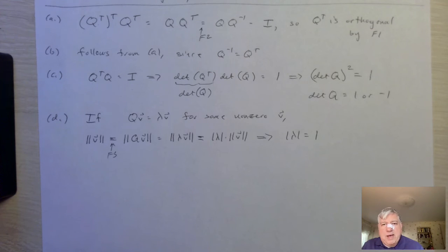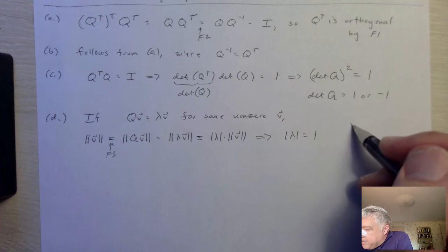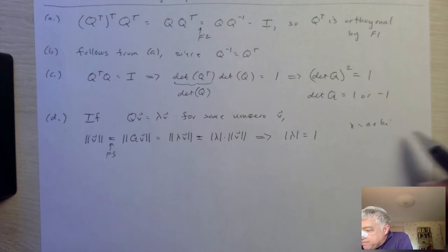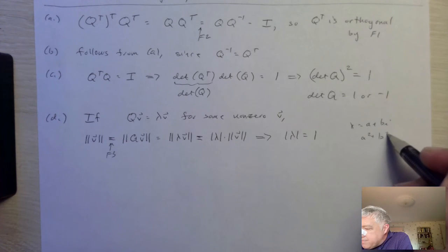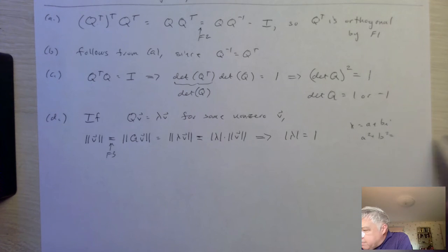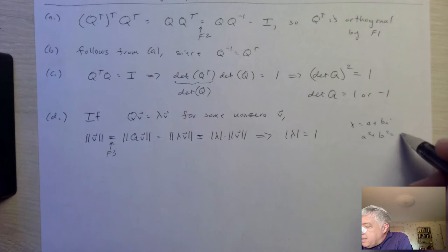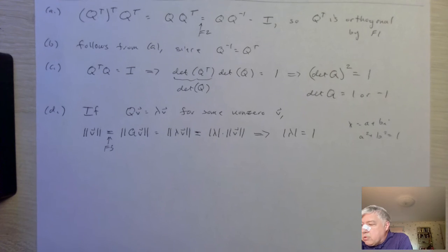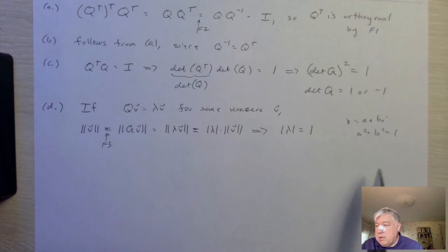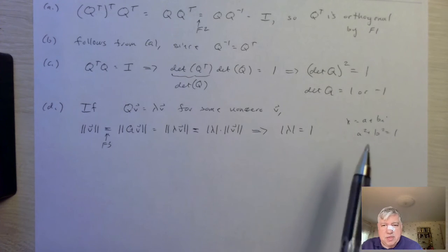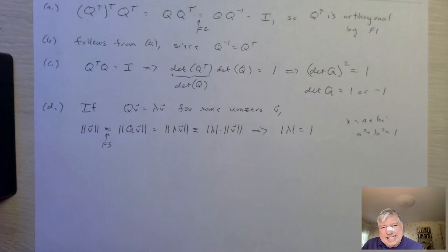Basically, if lambda is equal to a plus bi, then a squared plus b squared has to be equal to 1. What this ultimately means is that lambda has to lie on the unit circle of the complex plane.